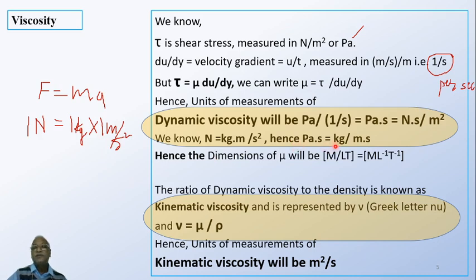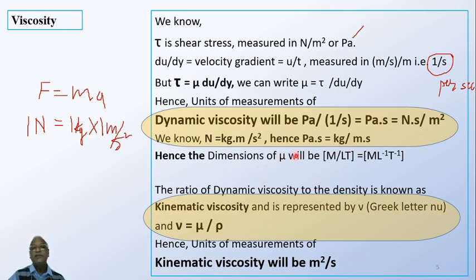Hence Pascal second, if I substitute this and simplify, I'll get kg per meter second. Even this can be a unit of dynamic viscosity. Generally it is in the form Pascal second. Once you know what a Newton is, you can readily deduce the units, and try to remember this expression also, kg per meter second.